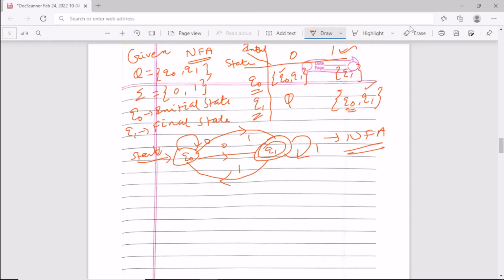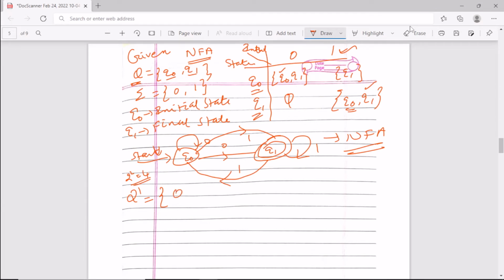For this NFA, you are going to construct an equivalent DFA. As I told you already, what is your Q dash? Q dash is nothing but 2 power Q. Here we have two states, so 2 squared is 4. So we have 4 states.